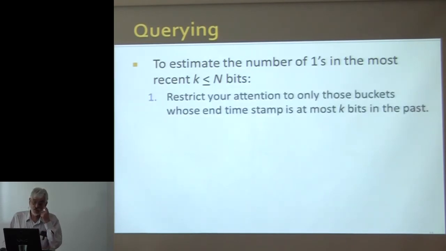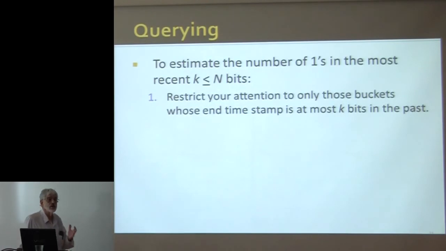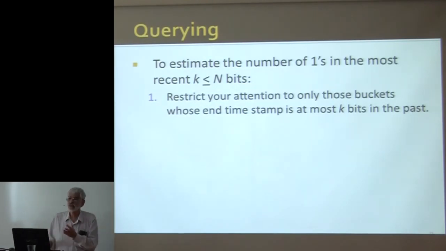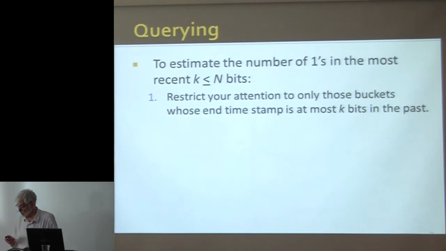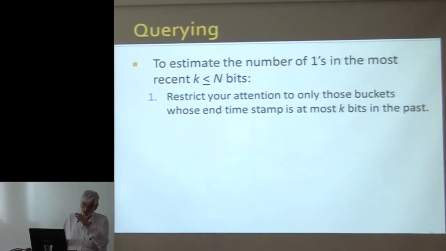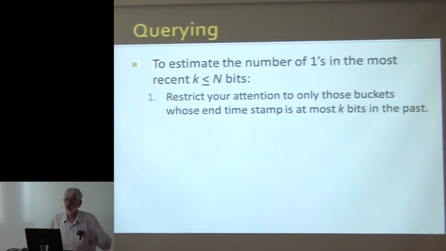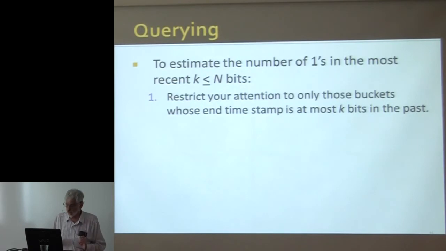Well, first of all, I'm going to only look at the buckets whose end timestamp is within k of the current time, right? Because anything else can't possibly contribute to the last k bits. And again, this is going to take me order log n time to sort these things out, to estimate how many 1s there are.